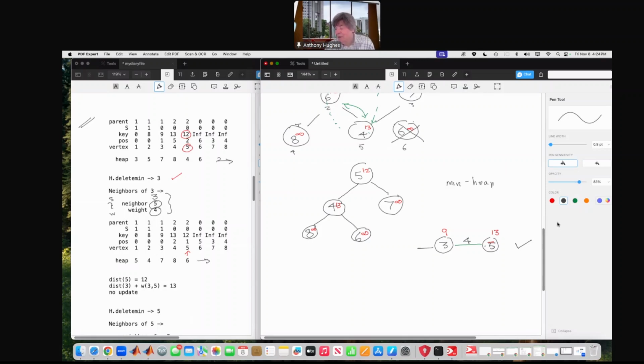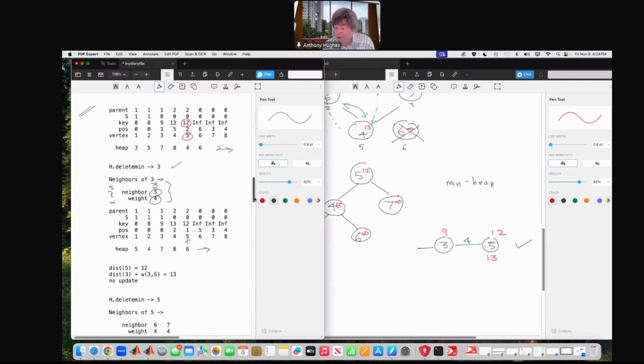Okay. I've got a mistake here, I think. So it's 12. Let me rub that out. This is 12. And let's see, 9 plus 4 is 13. If we go that route, we see exactly what I wrote here.